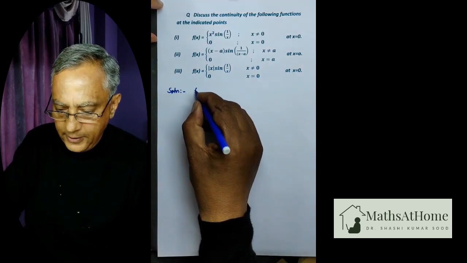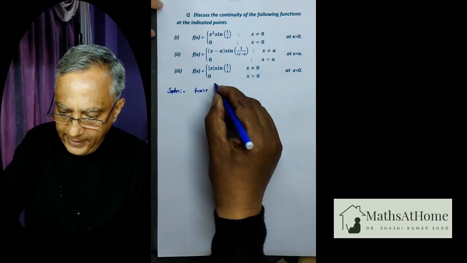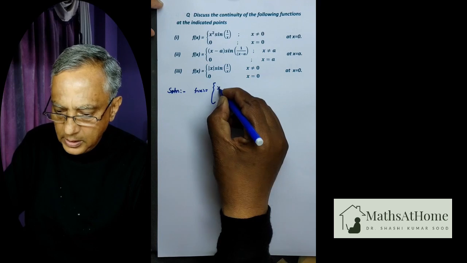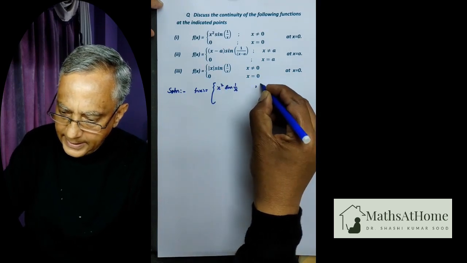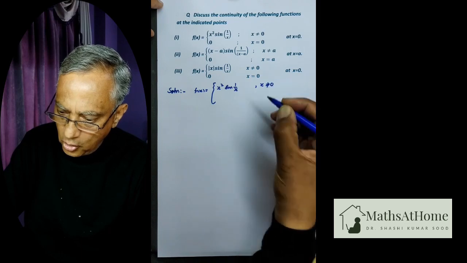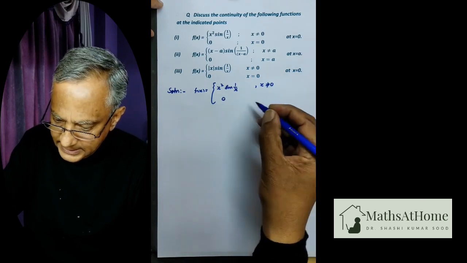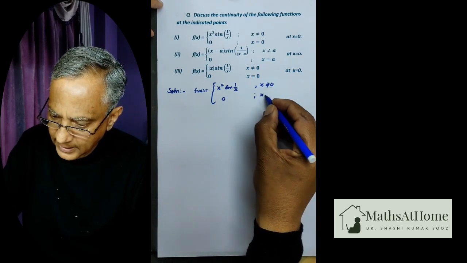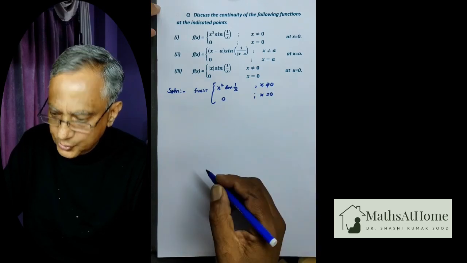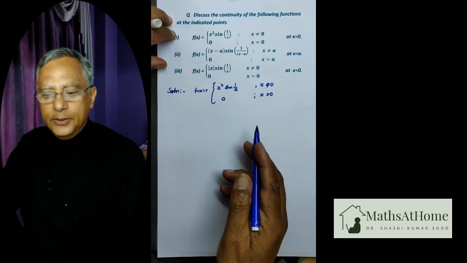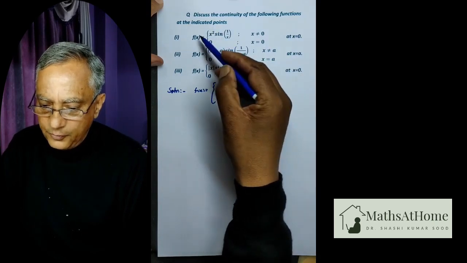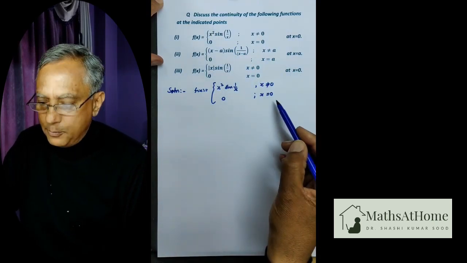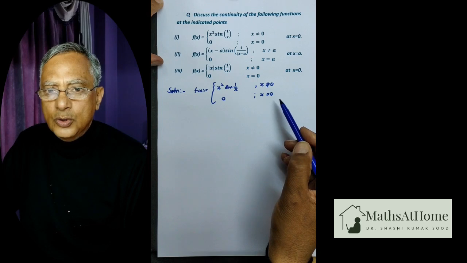Now we are given the function f(x) is equal to x square sine 1 by x if x is not equal to 0, and this is 0 if x is 0. And we have to discuss the continuity of this function at the point x equal to 0.